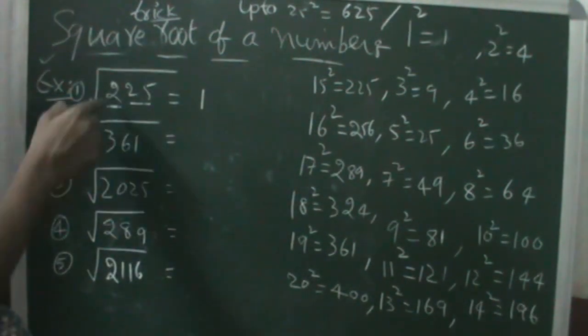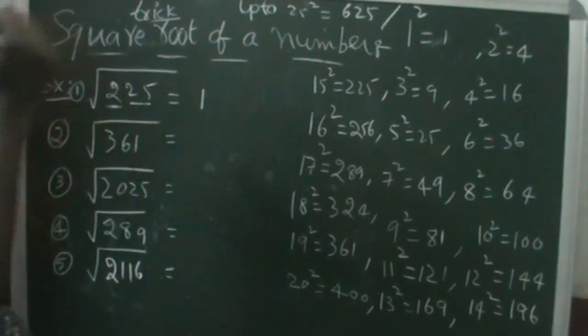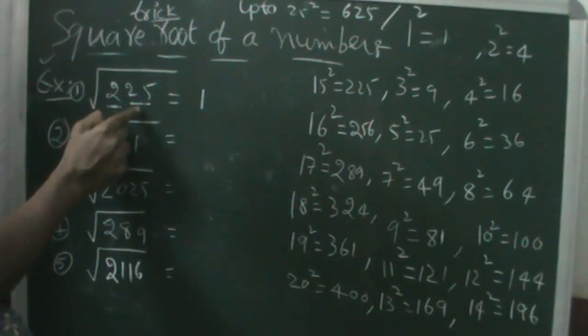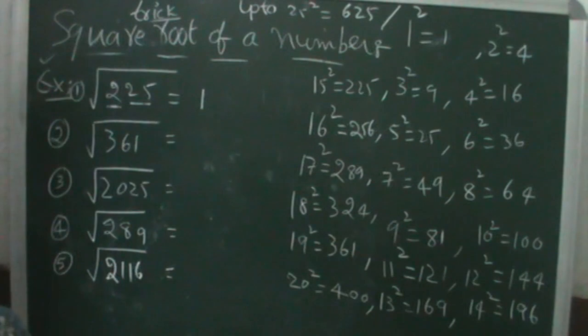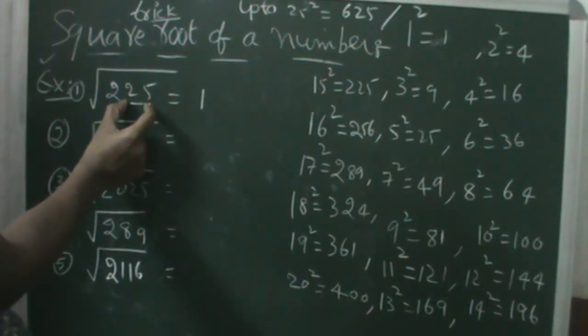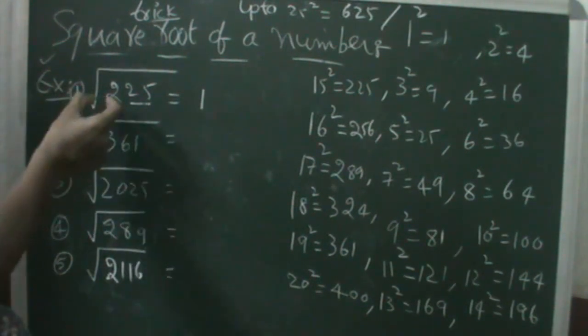The approximate root of the second part is 1. 25 is the first part, and the remaining 2 is the second part.